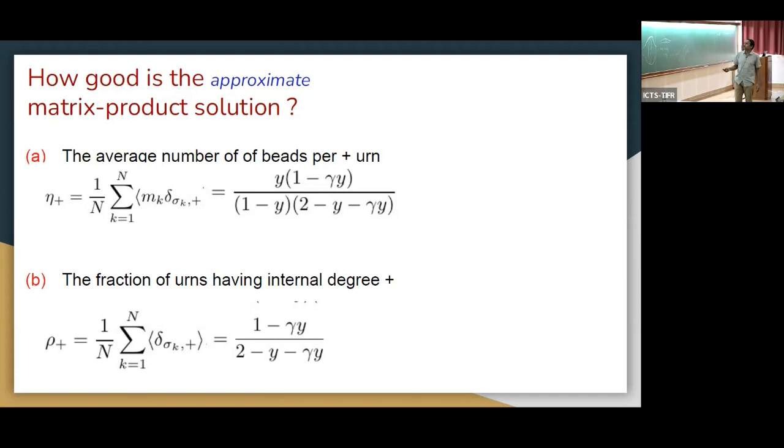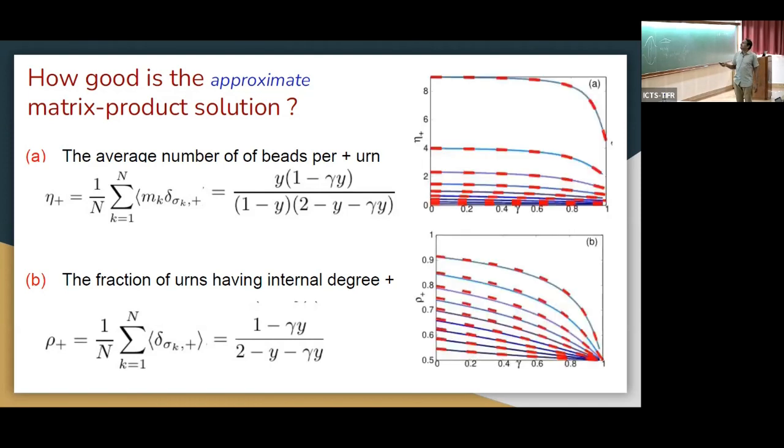The second is the fraction of arms having internal degree plus: among the arms, how many are plus? These are simple quantities, and if you match them for different densities against the matrix product ansatz, they match very, very well. So although I'm calling it an approximate matrix product ansatz, it's quite good.